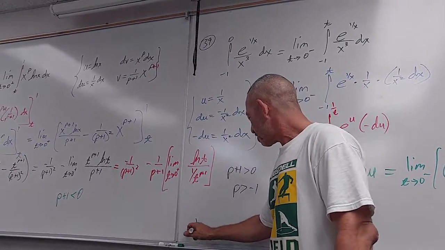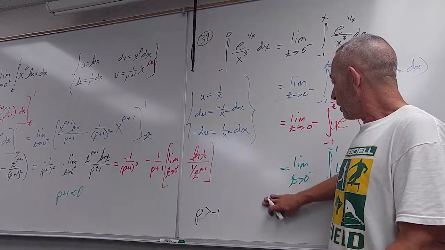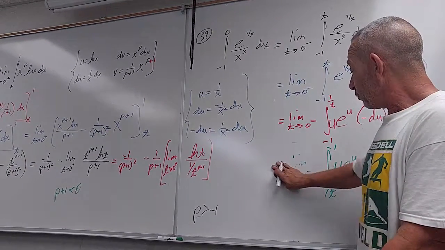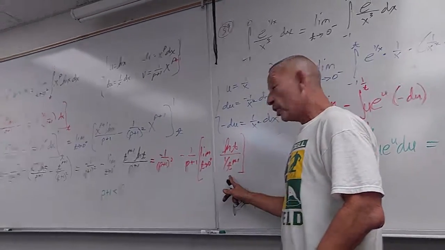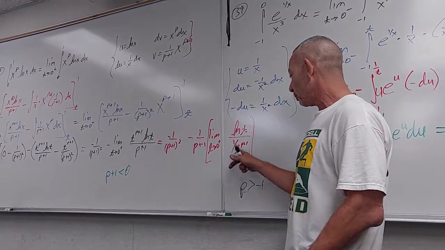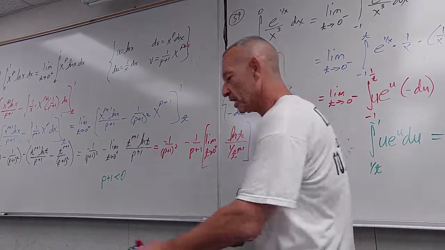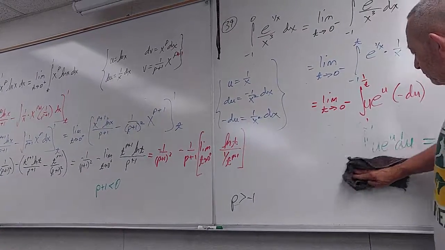Even for this to have a chance, I have to have p greater than negative 1. So now that p is greater than negative 1, I know that indeed I have a 1 over t. This is a positive exponent. It stays 1 over t. When t goes to 0, I get infinity here and infinity there. That means I can now use L'Hopital's rule.